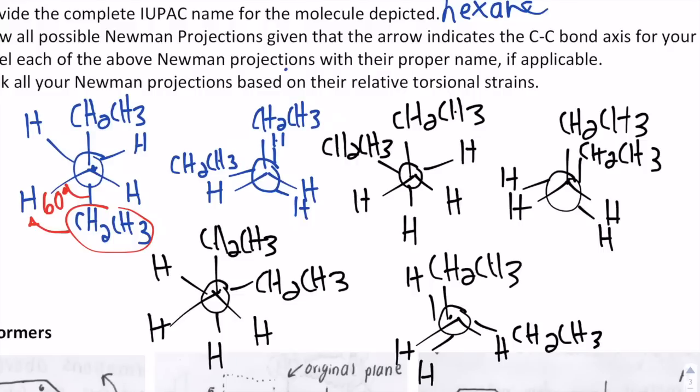Notice that I kept the front carbon the same, so all that changed was rotating the back carbon, and you should always have 6 total structures.